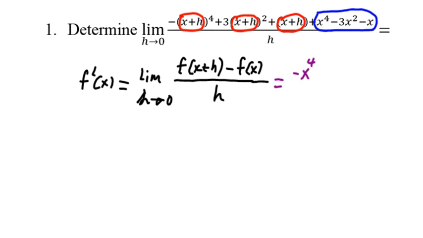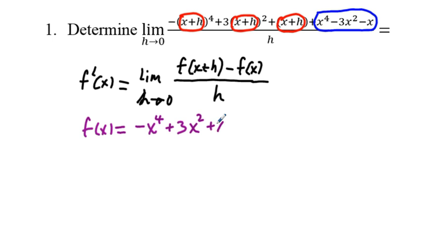I'm going to write, I want to get the language right, so I'm going to put this below. Okay, f of x is going to be negative x to the fourth power plus 3x plus h is going to be x squared plus x.